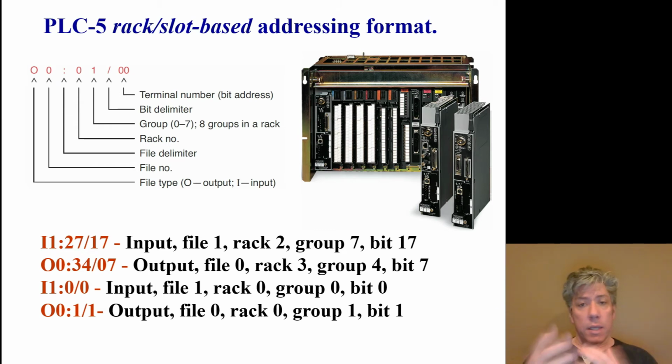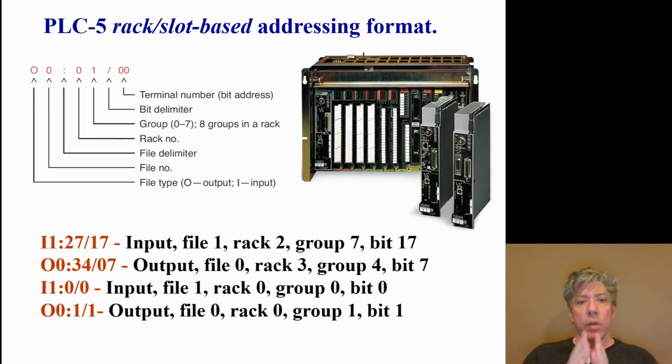And there can be more than one file of outputs, just depending on how many output modules you've got in the PLC. So you'd have the 0 would be file number 0. Now, a lot of times this is redundant, so that O and 0 are redundant, and you don't have to type both in for the PLC programming software to know what you're talking about.